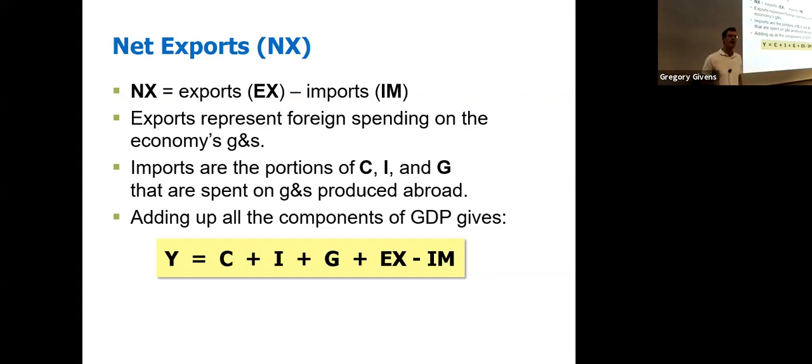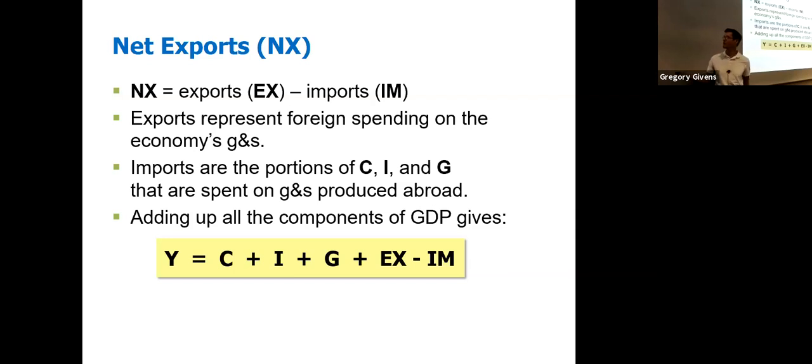However, that item has to be imported from Costa Rica. And so imports rise by $20. And so what happens to net exports? They fall by $20. So the increase in consumption is perfectly offset by the reduction in net exports, and there's no change in GDP. That's how the accounting works.